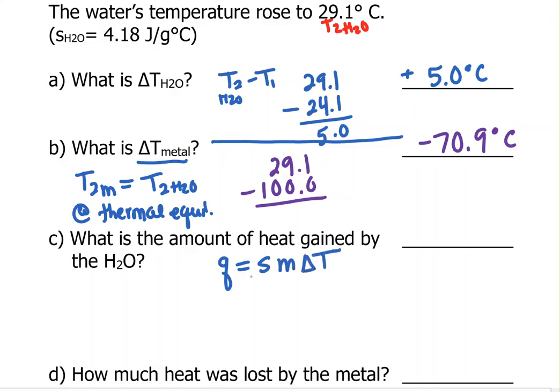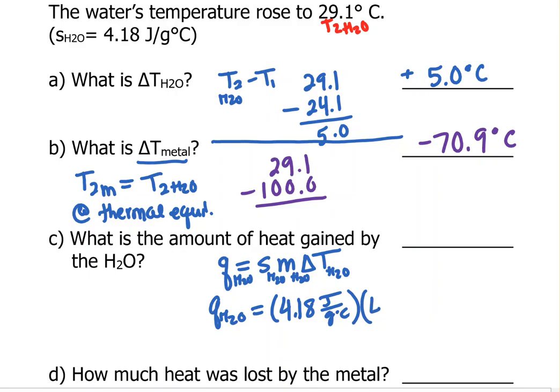And I'm going to make sure I put in all the numbers for the water on these. Water specific heat. The mass of the water was 48 grams, and the delta T for the water.